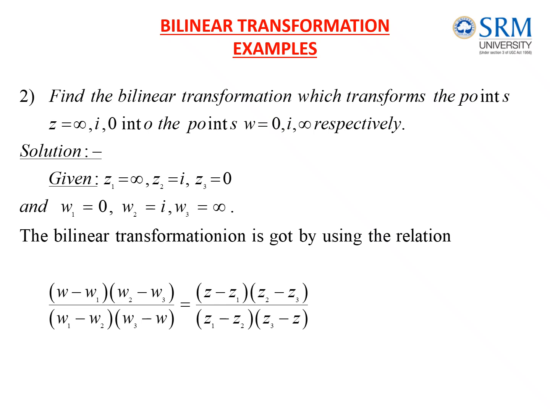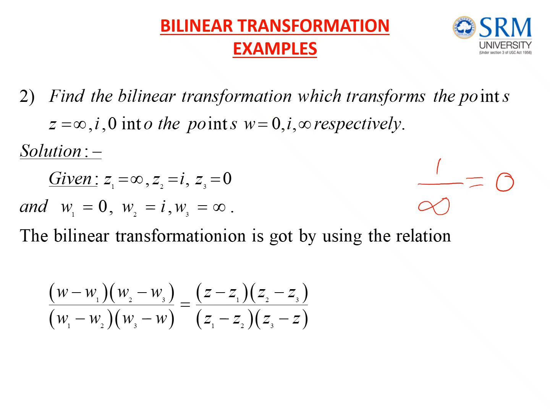Otherwise, we retain that point in the denominator so that if you substitute infinity, the 1 by infinity term will become 0. First, we write the given points in terms of z1, z2, z3, w1, w2, w3. Here it is given z1 is infinity and w3 is infinity. So take the cross ratio property to find the bilinear transformation.